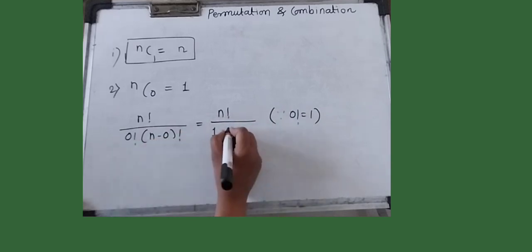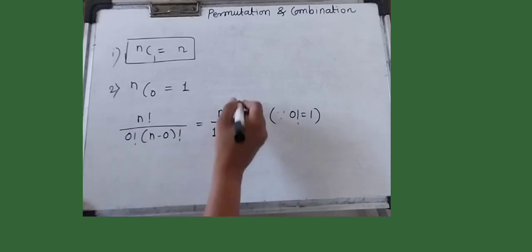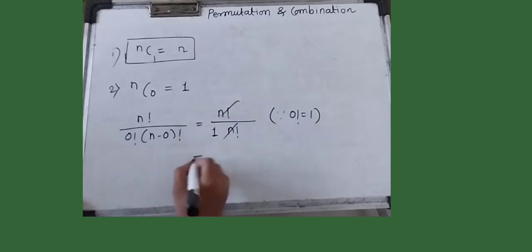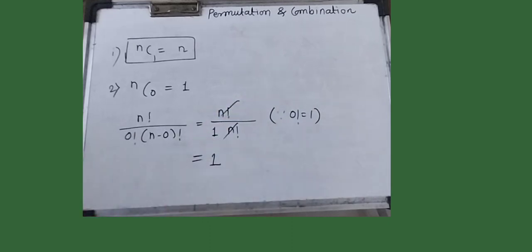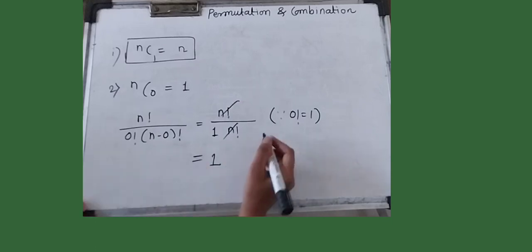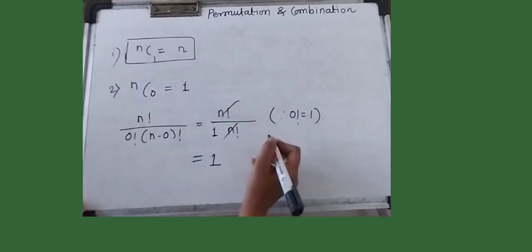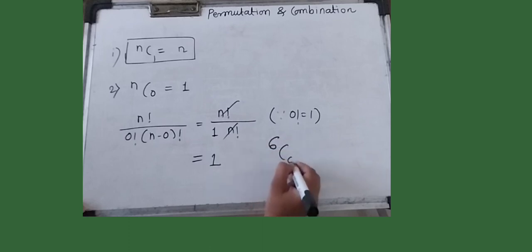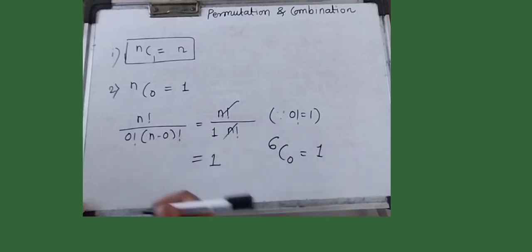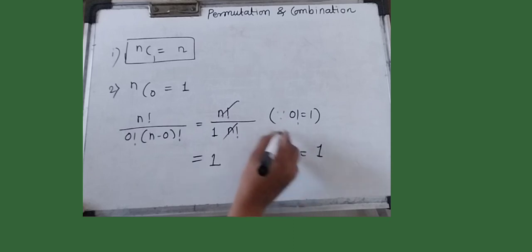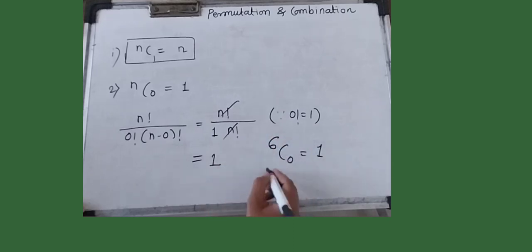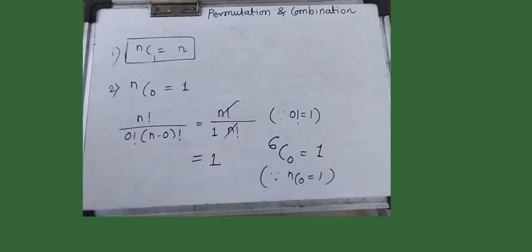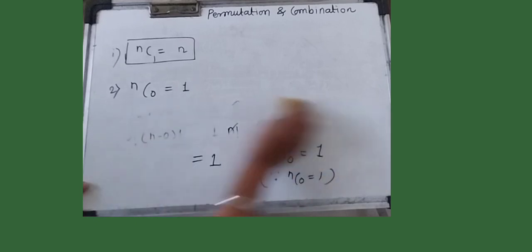N minus 0 is n factorial. N factorial gets cancelled, so answer is 1. Clear? So sometimes in examples, suppose there is 6C0, directly write down 1. No need to apply the formula here, just write since we know that nC0 is 1. This is the note. This is the second rule. Clear?